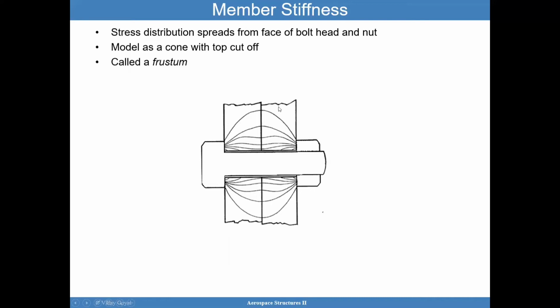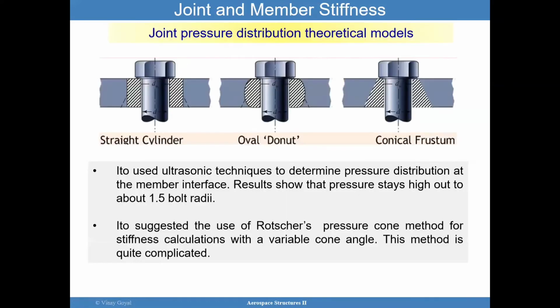Anytime you're looking at a cone with the top cut off, and you can see here it's cut off, it's not a cone that emanates from a point, but it is a frustum instead. There's been a lot of research in trying to figure out what the stress distribution is, and what people have reconciled is that it's most likely a conical frustum, and that's based on ultrasonic techniques.